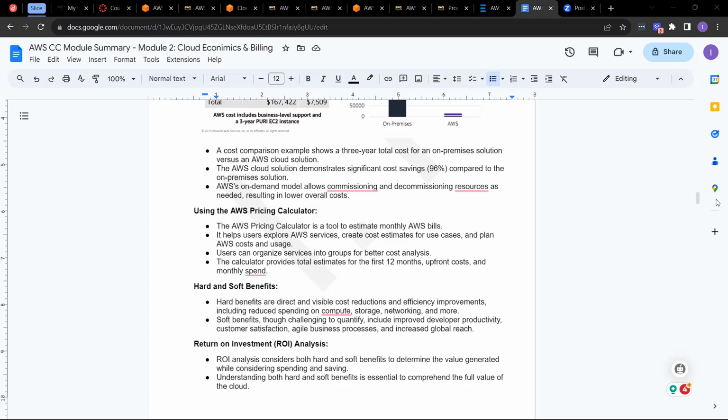Okay, so I want to ask this question related to the pricing calculator and the cost explorer. In the situation where we don't hear anything like forecast, the question says that the company wants to visualize its cost over time.